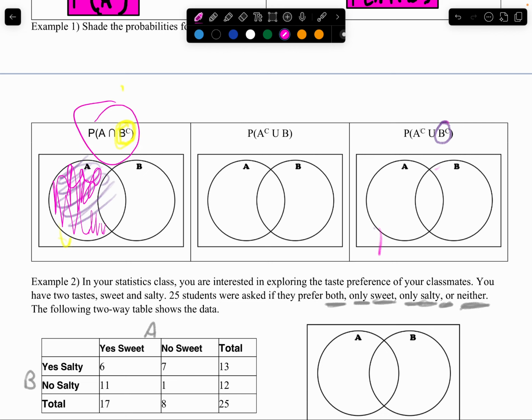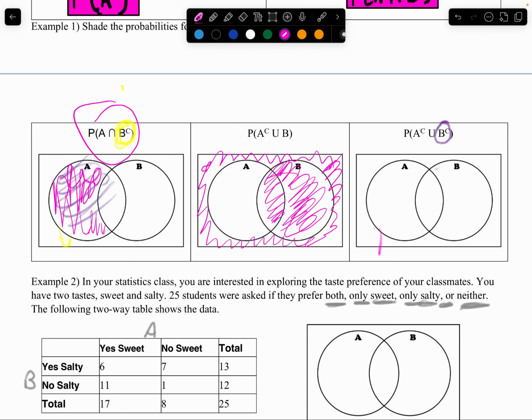And how about not A or B? Not A is outside of the A. Or the B circle. So we need to shade all of the B circle now. Well, part of it's already shaded here.